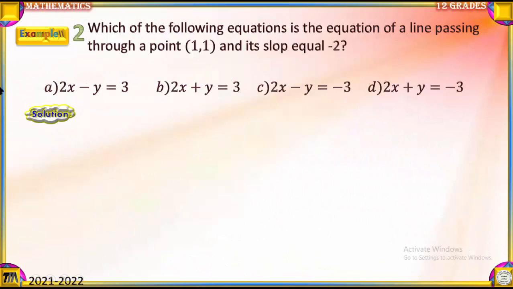Example number 2. Which of the following equations is the equation of a line passing through the point (1, 1) and its slope is equal to minus 2?